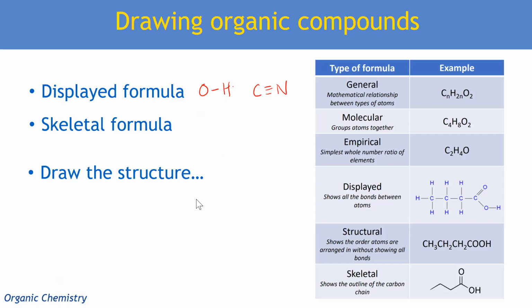If it says draw a mechanism, again, do it how you feel comfortable. If you want to draw every single bond and do the whole thing displayed, you can, even if they've started the mechanism in a different way. So even if they started the mechanism skeletal, if you really think you're going to mess up because it's in skeletal formula, there's nothing wrong with drawing it underneath, as long as you draw the right molecule and then do your mechanism for that.